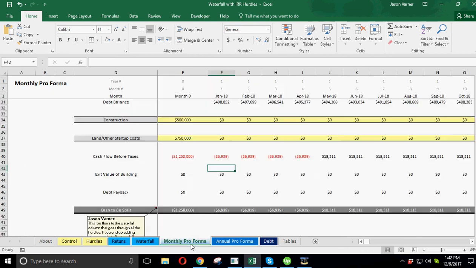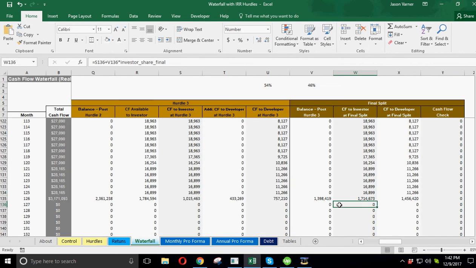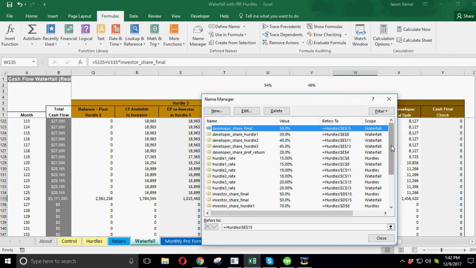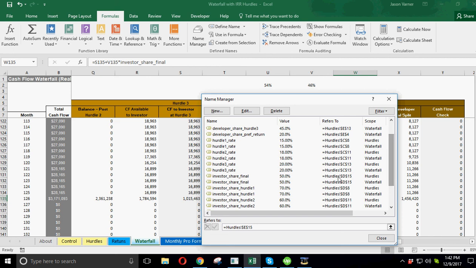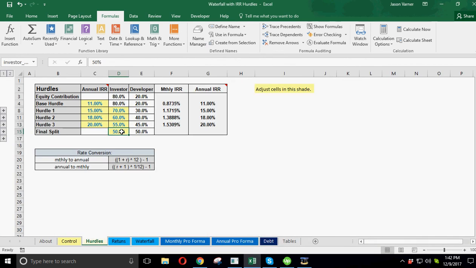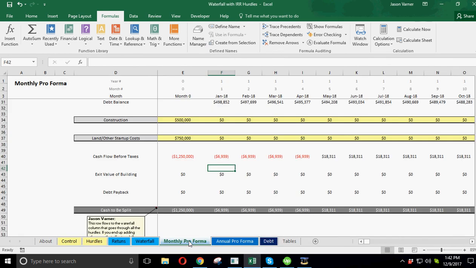Let's see, there's name ranges here. Investor share final, let's see, where is it? Oh, hurdles D15. So that's doing 50%.